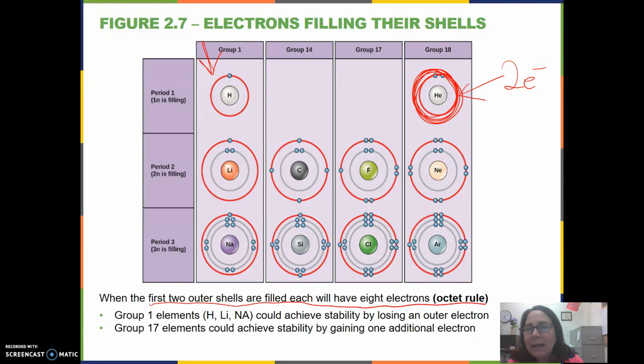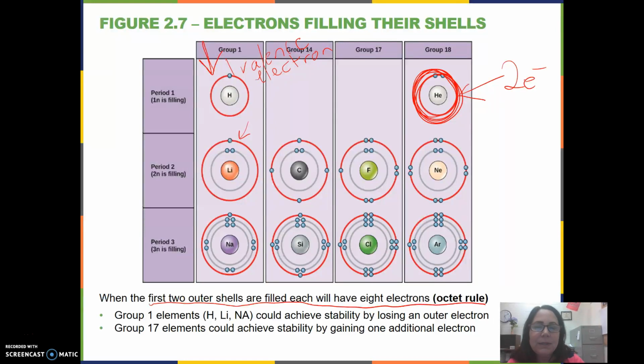So all of the elements in group 1 have 1 valence electron, or 1 electron in their outer energy level. Lithium, for example, has 1 electron in its second energy level. Its first energy level is filled with 2, but its second energy level only has 1. And remember, the second energy level all the way to the very last energy level will be filled with 8 electrons.